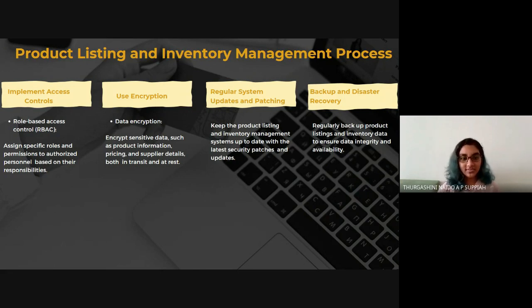We also use encryption to protect sensitive data, for example, product information, pricing, and supplier details. Regular system updates and patching keep the product listing and inventory management system up to date. Backup and disaster recovery is to back up product listing and inventory data.